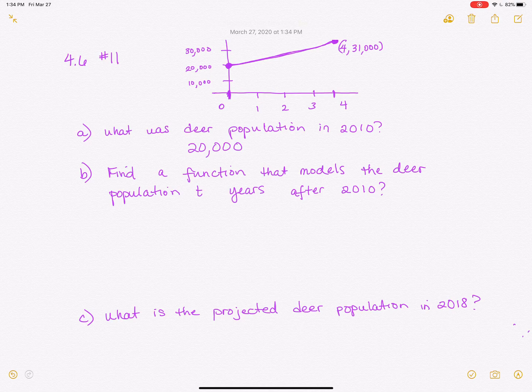Then the B part is the part that I wanted to work so y'all will understand how to find the relative growth rate. It says to find a function that models the deer population t years after 2010.